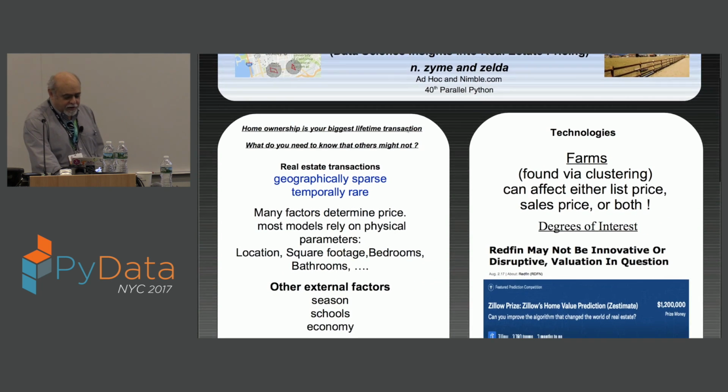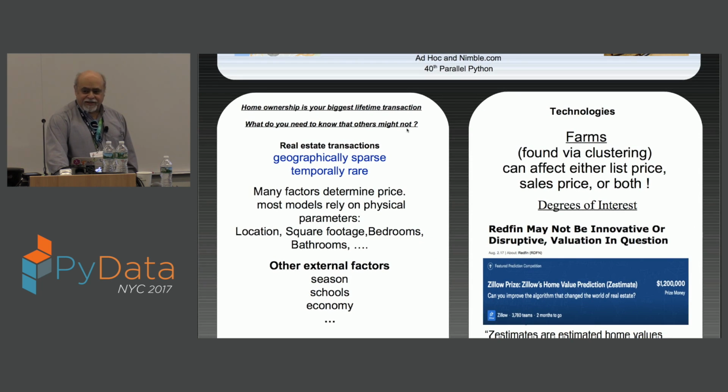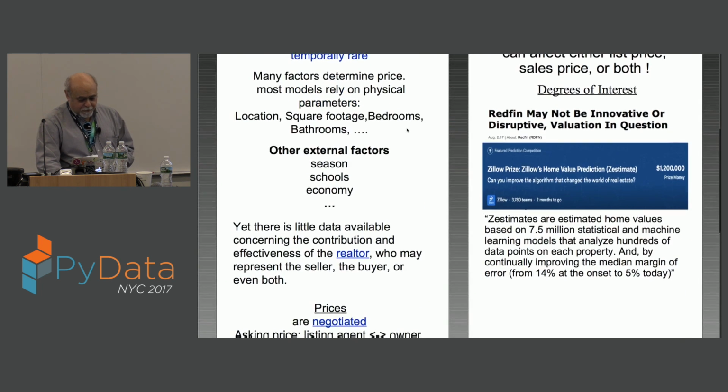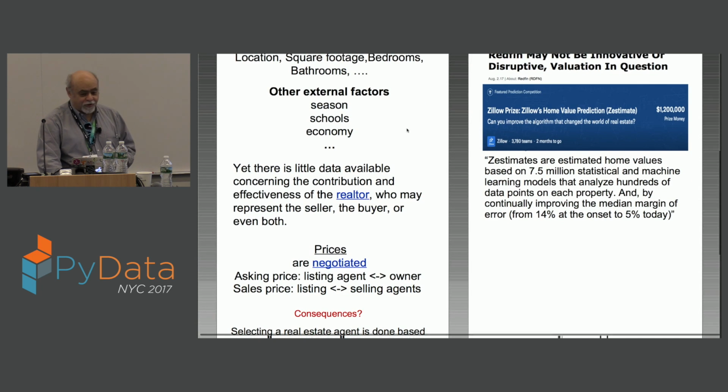Okay, so the whole idea of real estate is that it's expensive, it's hard to get, and there's a lot of money to be made in knowing more about it. All right, I'm not going to read these to you. If you were here in July, you could have read it for yourself.